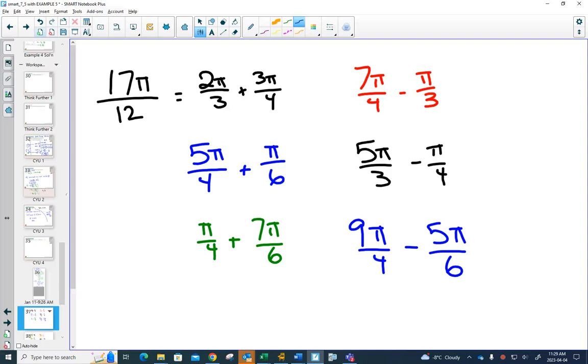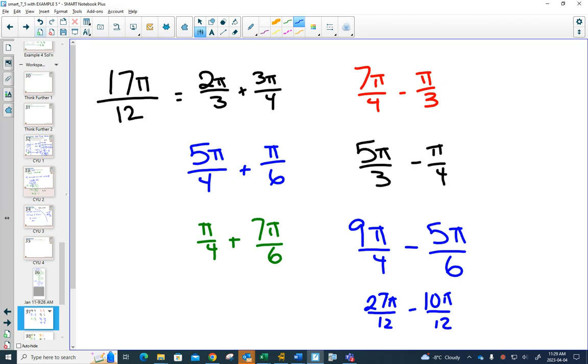Yes, all 6 of those equal 17 pi over 12. It's really easy to see that if you change this last blue one, it is 27 pi over 12 minus 10 pi over 12. That obviously will make 17 pi over 12.